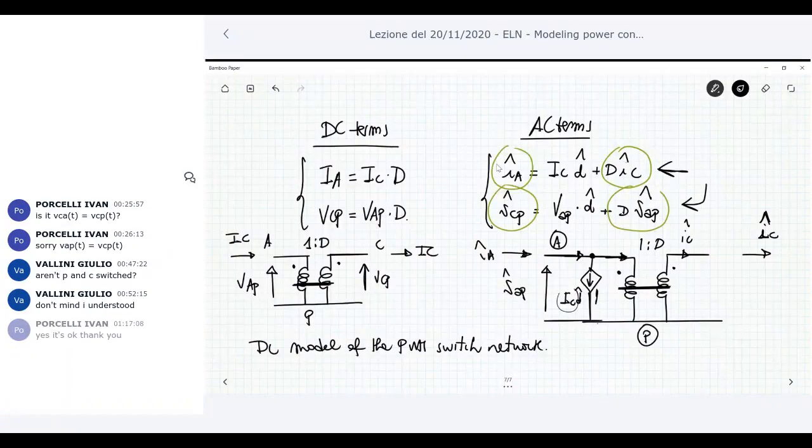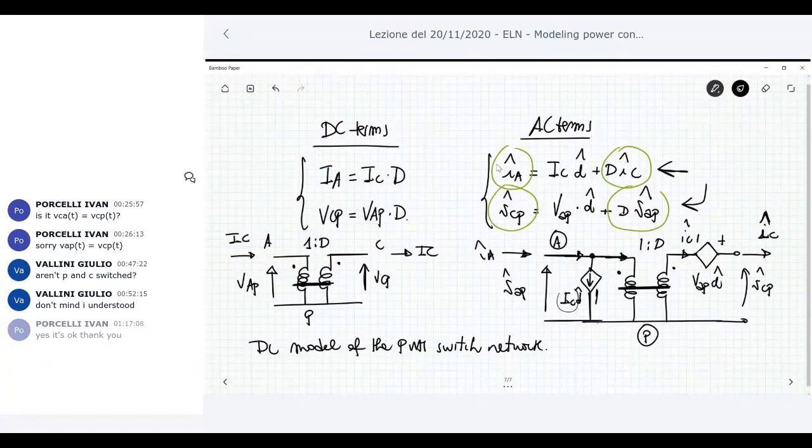So we can model it as something like this, plus minus. This is VCP, and this is VAP D hat. So it's a voltage dependent voltage source.